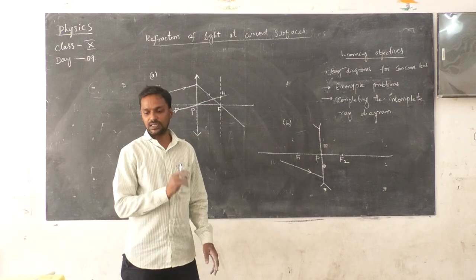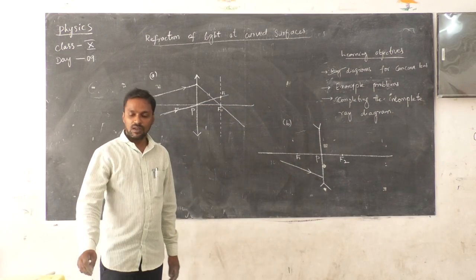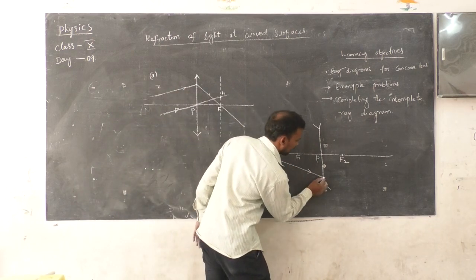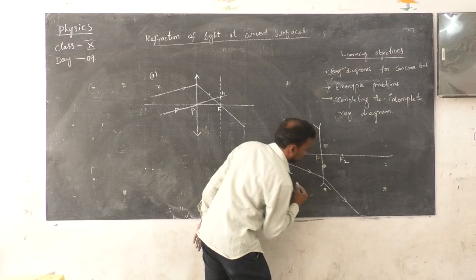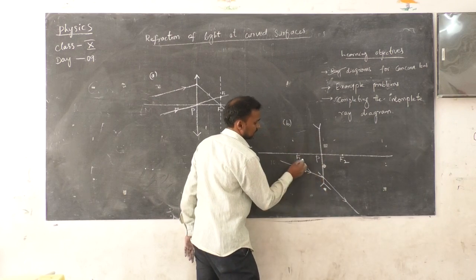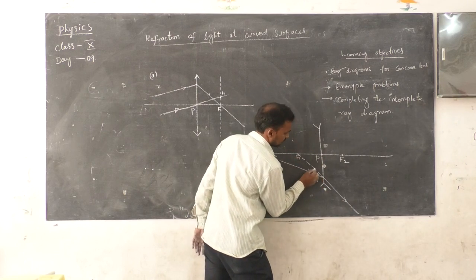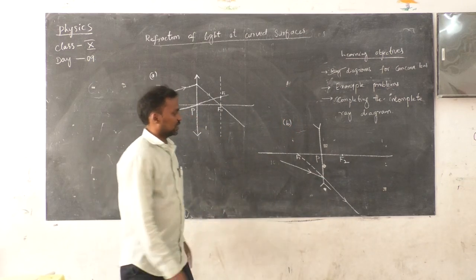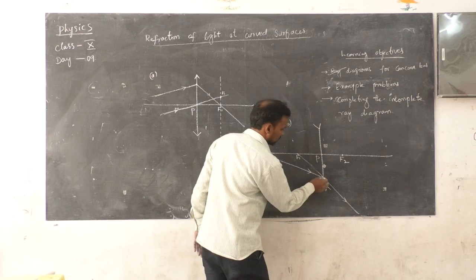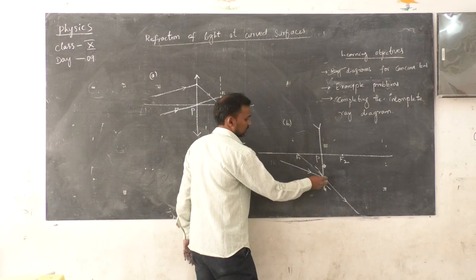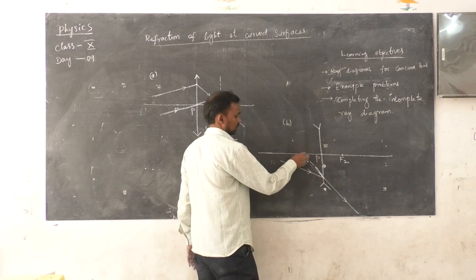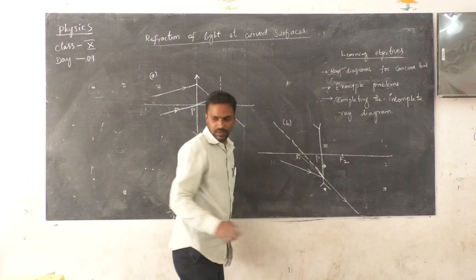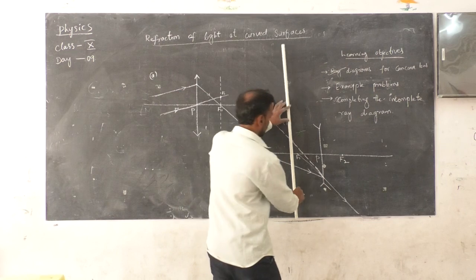If you extend this one, then what will happen? You draw a ray from this, and this will be refracted like this, and extend this one, as it is coming from this side. Extend this, and draw a perpendicular from this end.